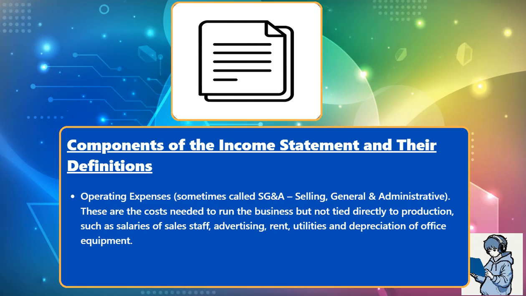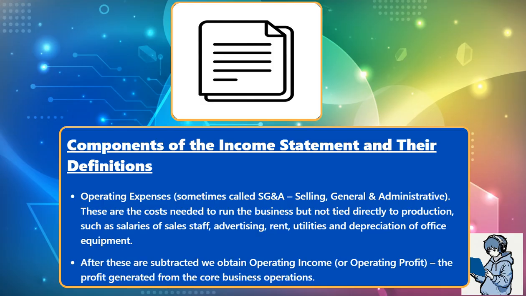Operating expenses, sometimes called SG&A, selling, general, and administrative, are the costs needed to run the business but not tied directly to production, such as salaries of sales staff, advertising, rent, utilities, and depreciation of office equipment. After these are subtracted, we obtain operating income or operating profit, the profit generated from the core business operations.